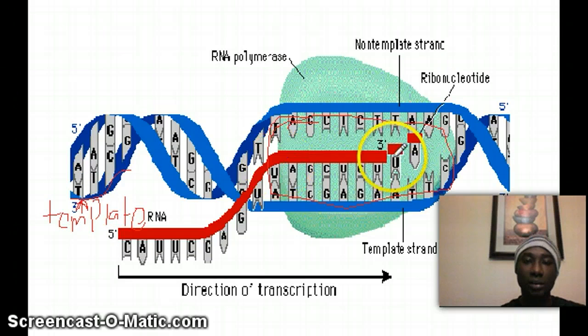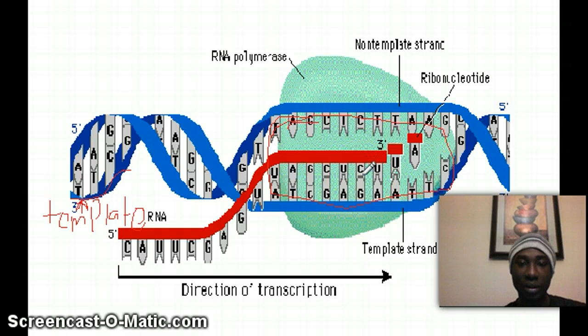So the signal will latch onto the promoter on the data box. The data box is where the transcription is going to start, and it's called data box because it's made up of thymine and adenine.